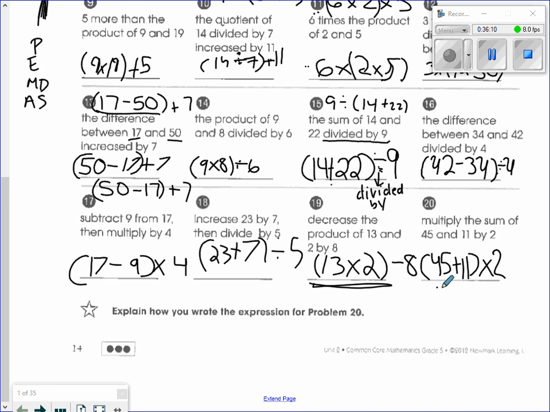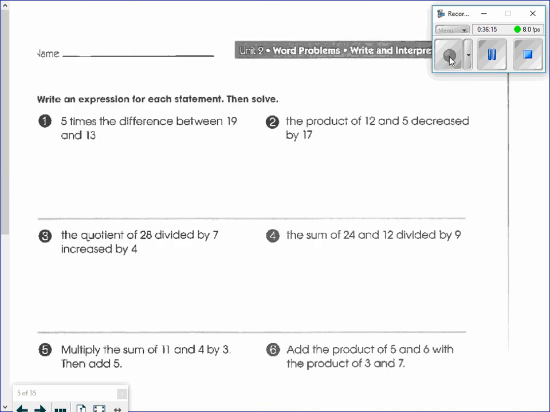Sum means add. Multiplying that sum by 2. Good.